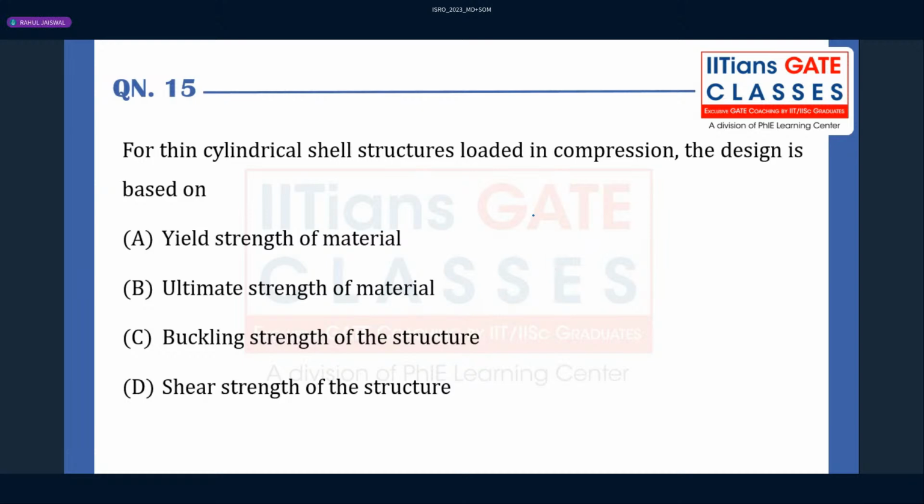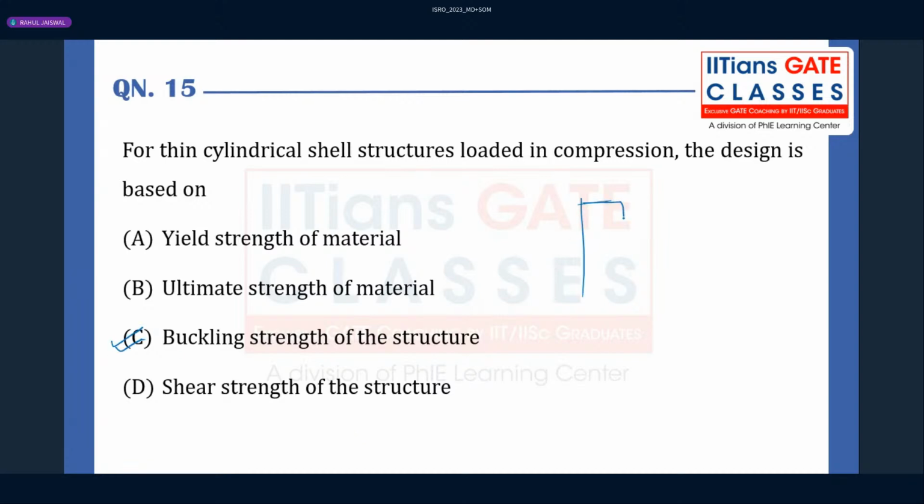Now coming back to this question, for thin cylindrical shell structures loaded in compression, whenever they are subjected to compressive load, the design should be based on the buckling strength of the structure.